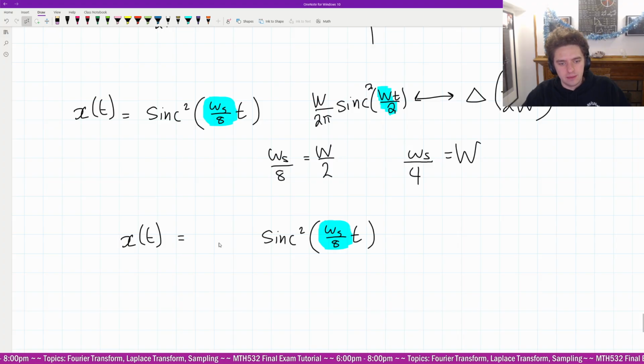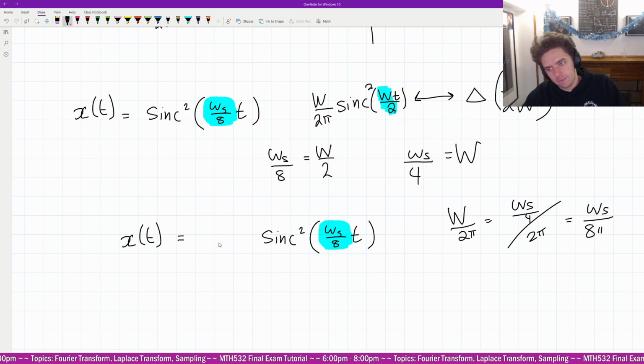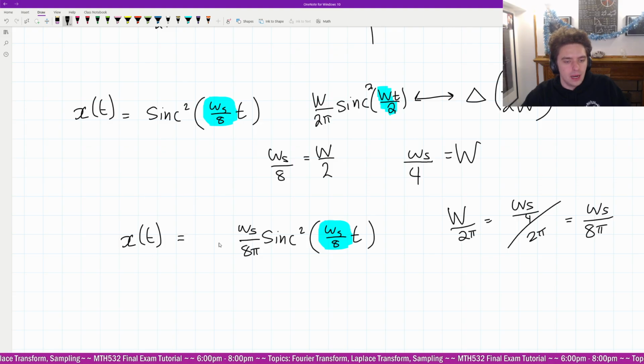So x of t is sinc squared of omega s t over 8. I want W over 2 pi in the front there. What's W over 2 pi? It's omega s over 4 over 2 pi, which is omega s over 8 pi. So I want omega s over 8 pi here. But I can't just multiply by omega s over 8 pi, that's just changing the function.